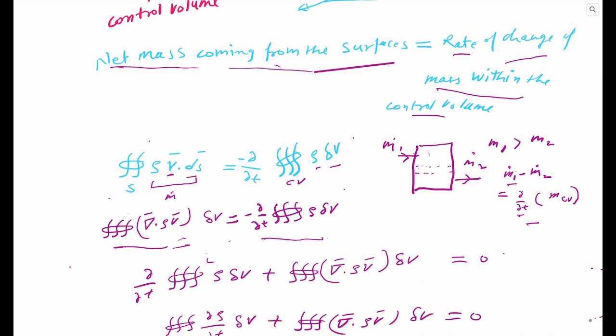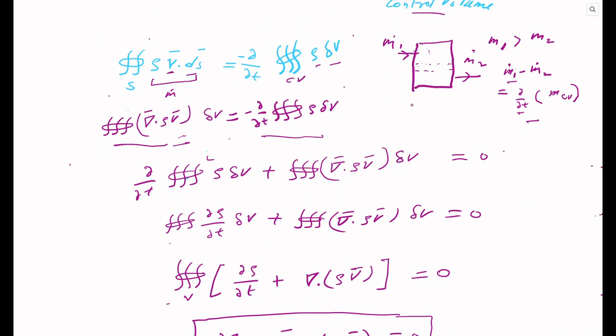Now we can write this term first, and then the second term. Here the control surface is converted into the control volume. We use the Gauss divergence theorem to convert the control surface integral into the control volume integral.